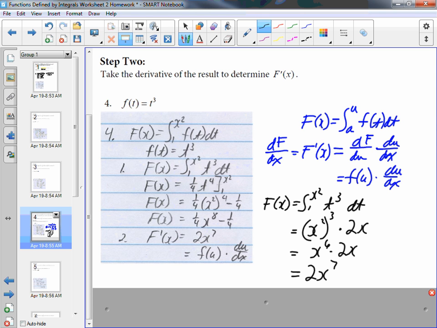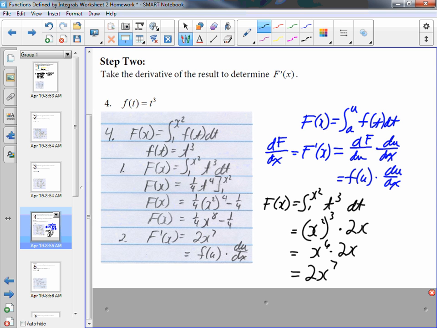You've got to know those. The first fundamental theorem we use all the time. That's the one we use when we evaluate a definite integral. But that second fundamental theorem of calculus says that when you have a function defined as an integral, the derivative of that turns out to be little f of u times the derivative of u. That's the one we got to get good at again. Okay? You guys with me?